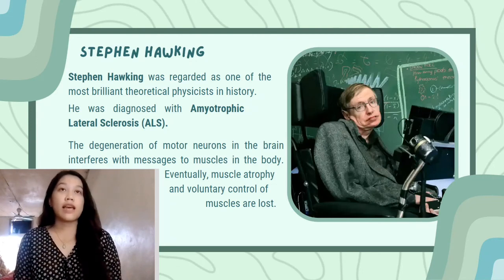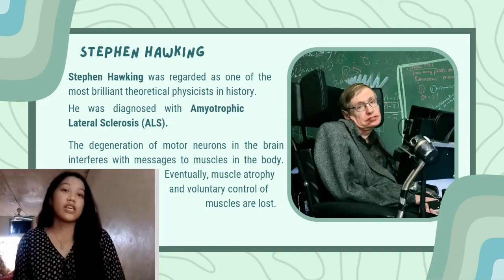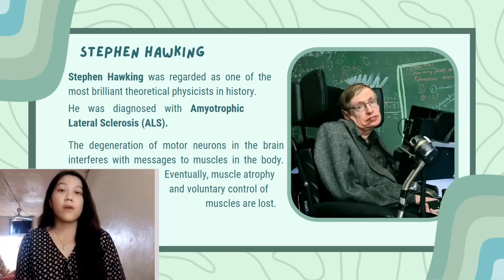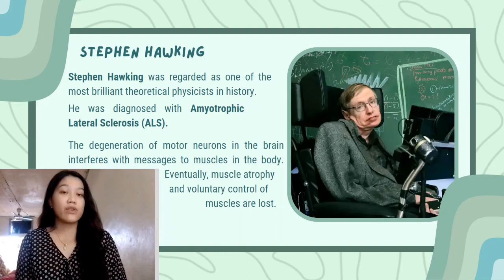Eventually, muscle atrophy and voluntary control of muscles are lost. Stephen Hawking lost his ability to speak and control his body. He used assistive technology to compensate for mobility and speech difficulties. He died on March 14, 2018 at the age of 76.